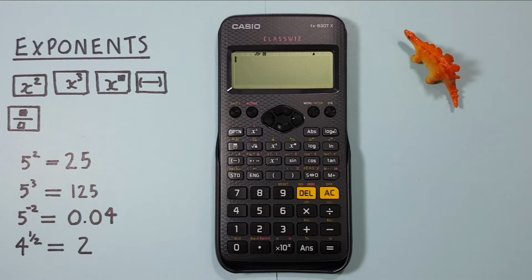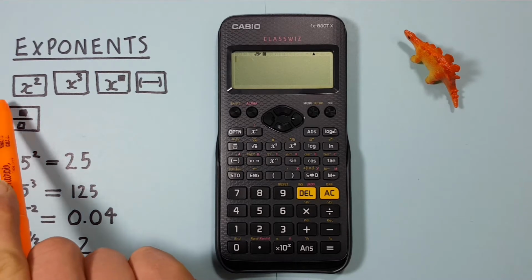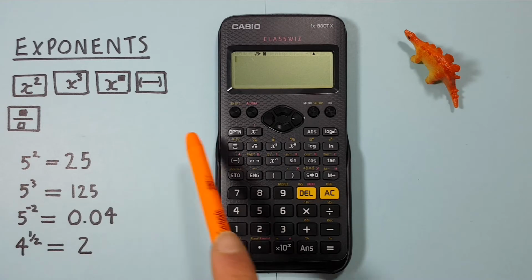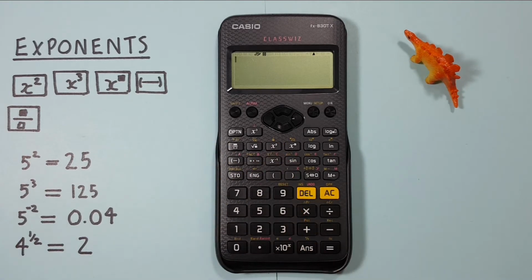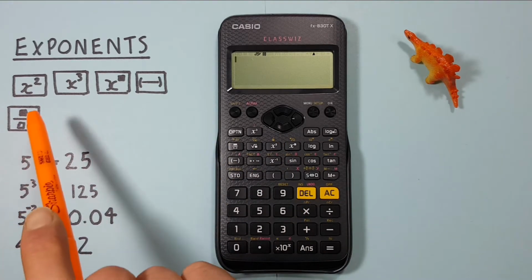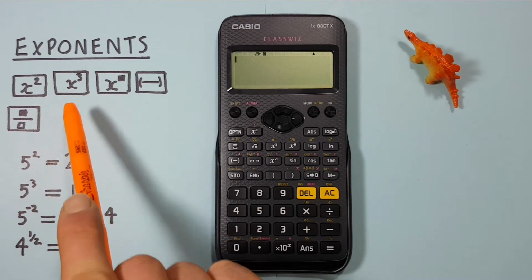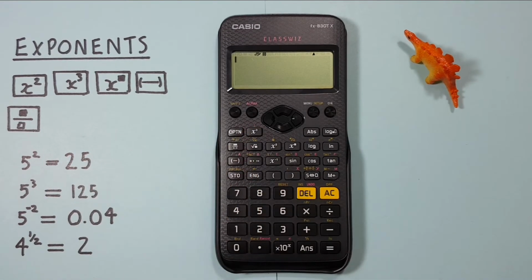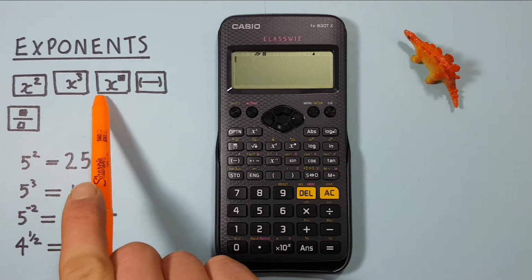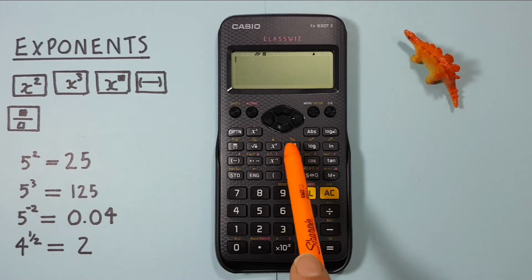I'm Rick, and in this video we're going to have a look at how we can solve exponents or powers on the Casio fx-83GT Classwiz calculator. To do this, we'll use the x to the power of 2 or x squared key that looks like this, located here, the x to the power of 3 or x cubed key that looks like this, located here, the x to the power of or x exponent key that looks like this, located here.